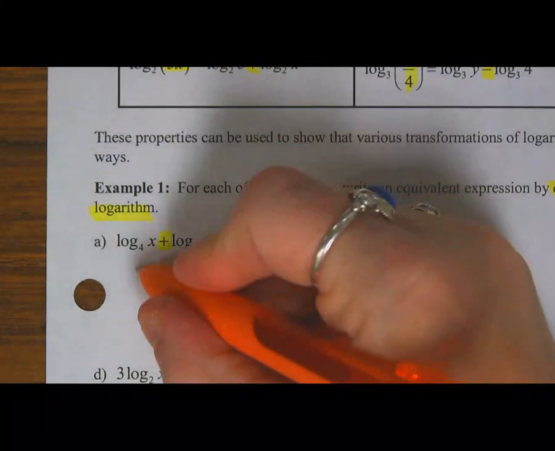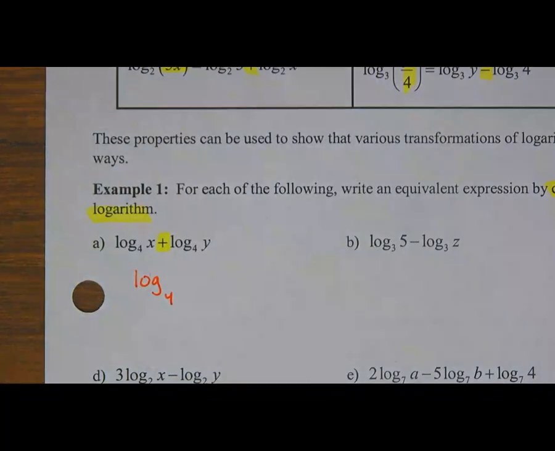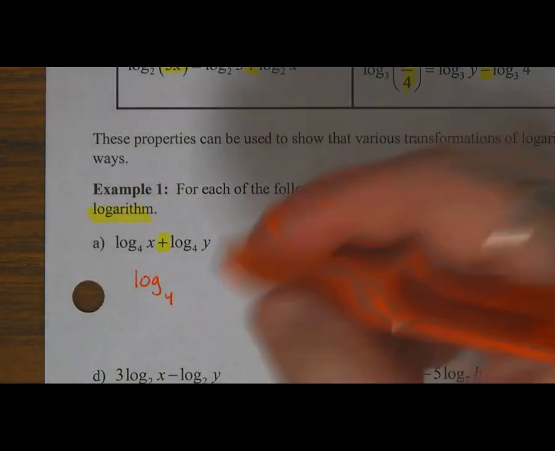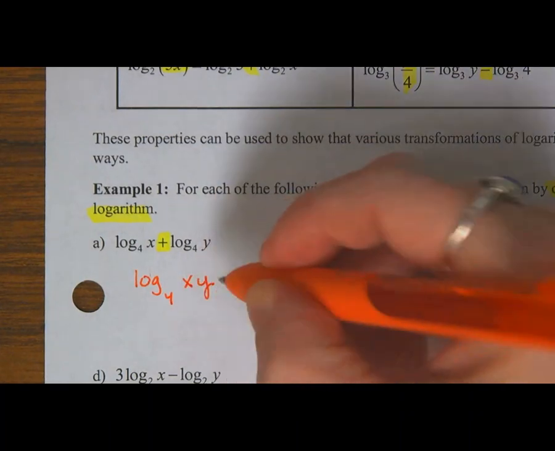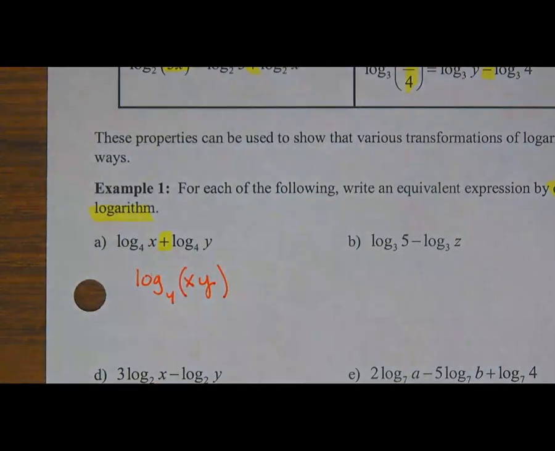The log, same base, 4, of the product of those two arguments, x times y. Usually you'll see some parentheses around the argument just to indicate that the log is being taken of x times y, not just of x or something like that. So that's why the parentheses are there, just to kind of group that all together. And that's all you do.